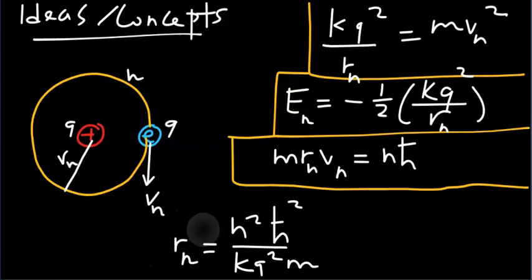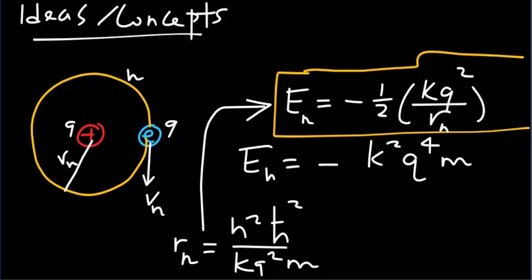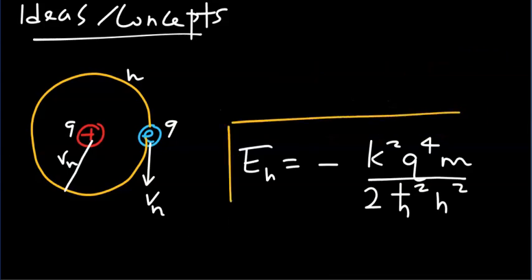And finally, using this expression inside E sub n, we obtain the result for the energy level, which turns out to be minus k squared q to the power 4 times the mass of the electron over 2 h bar squared n squared, which is the equation that we have been looking for.